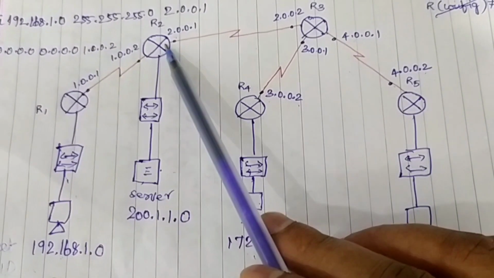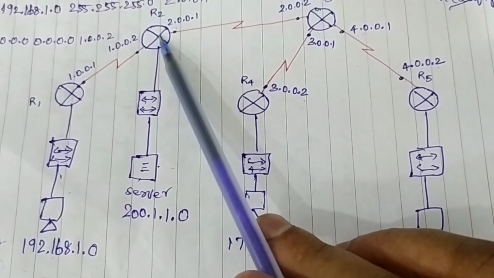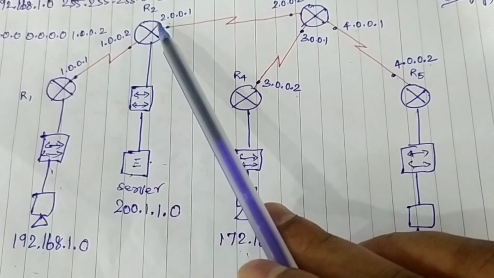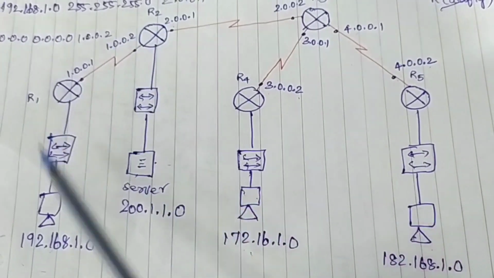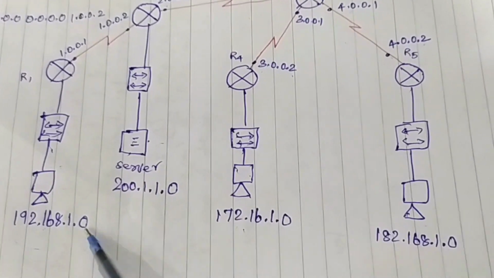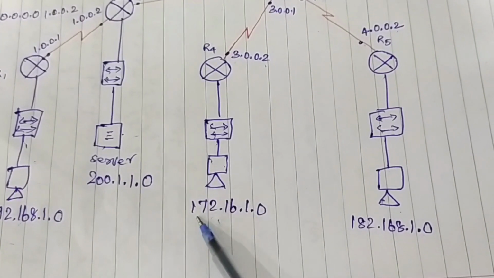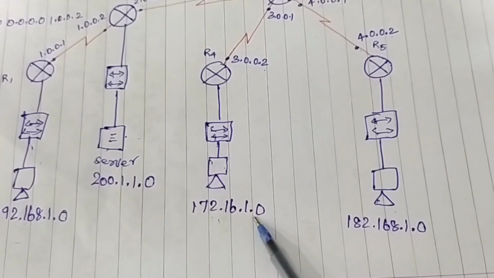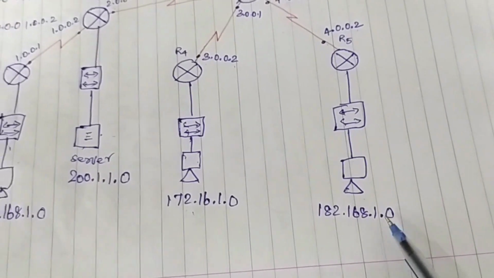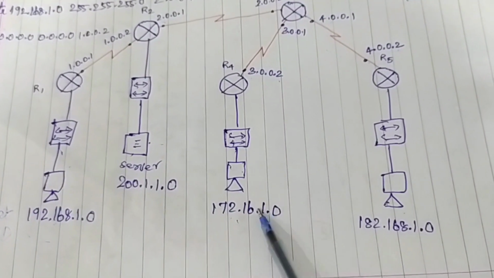This is its own network, because it is connected under R2 only. Then how many networks are remote networks from R2? First is 192.168.1.0. Second one is 172.16.1.0. Then the third one is 182.168.1.0. So how many remote networks are there from R2? 1, 2, 3.